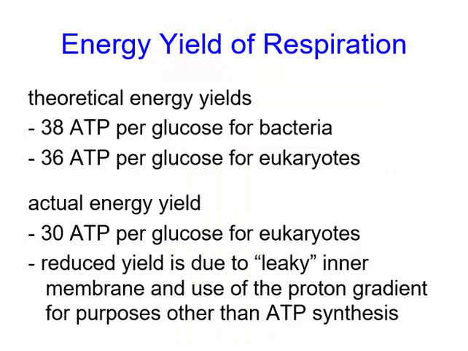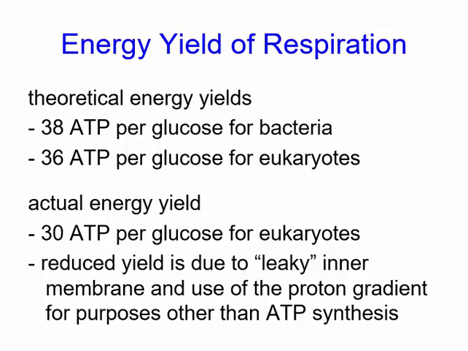And how much can we get? In theory, you can get 38 ATP in a bacterium, 36 in eukaryotes, but the actual energy yield is a little bit less. And one of the big reasons for that is that inner mitochondrial membrane, where you have this proton gradient, it's not impermeable to those protons.